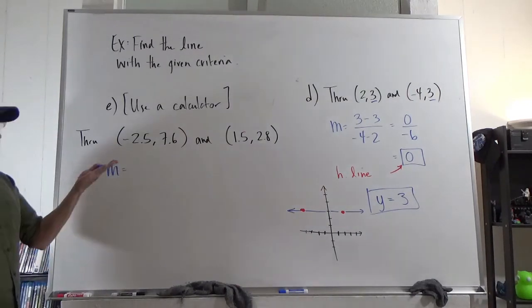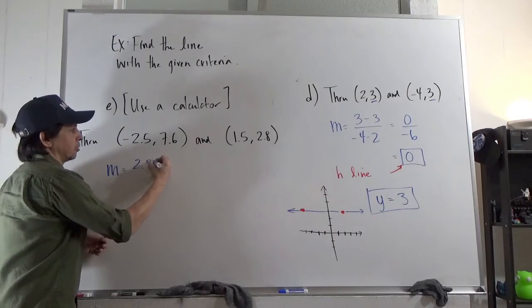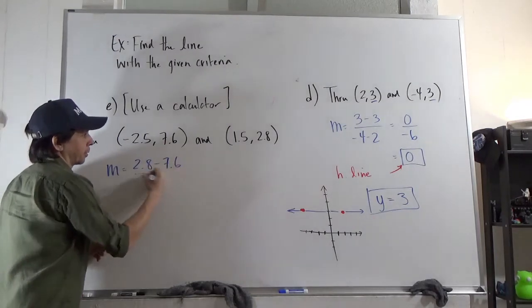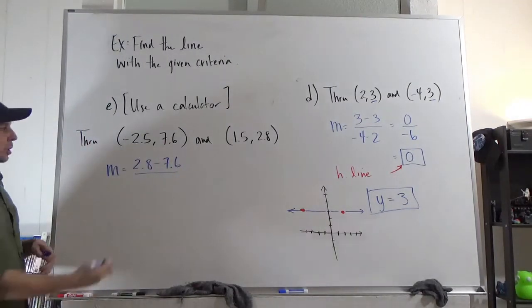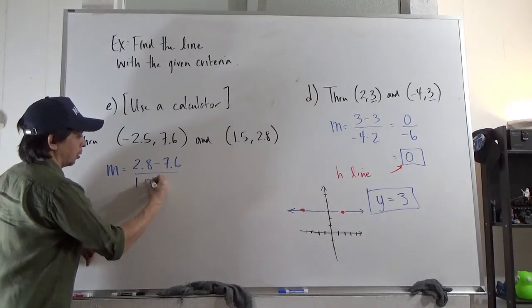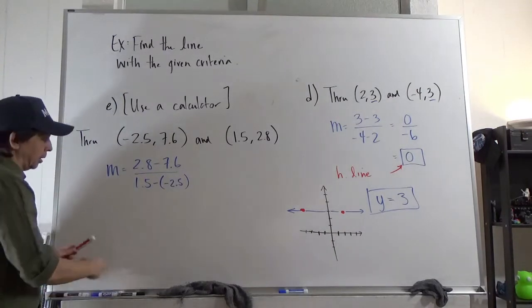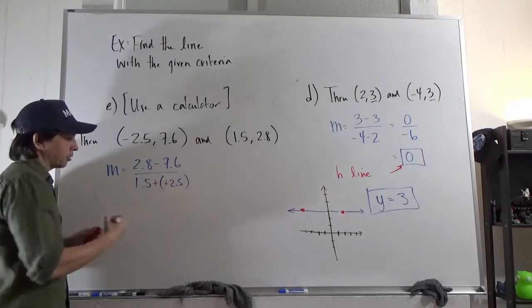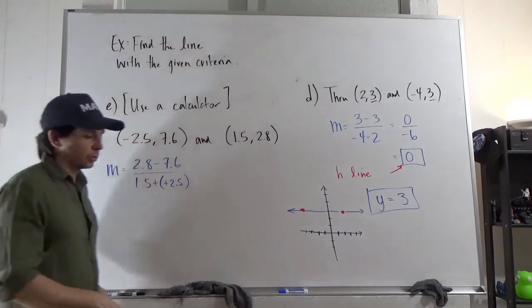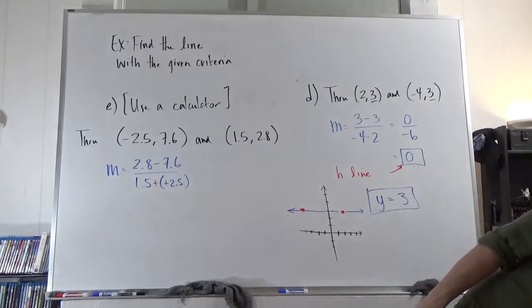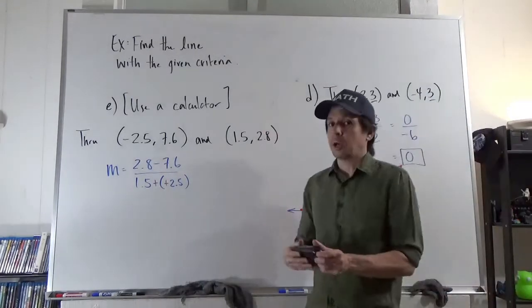But as far as what we're doing, we're just treating it the same way. 2.8 minus 7.6 over 1.5 minus a negative 2.5. Whereas I was just doing things in my head because they were nice whole numbers, not so nice now, but that's why it's specifying you can use a calculator for this.